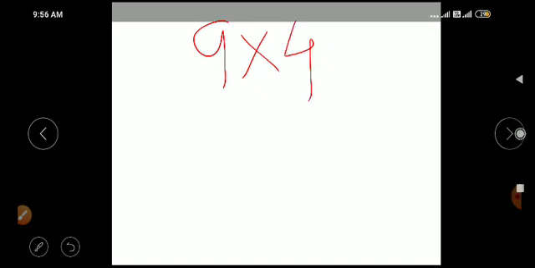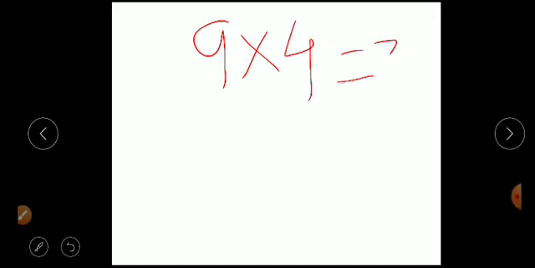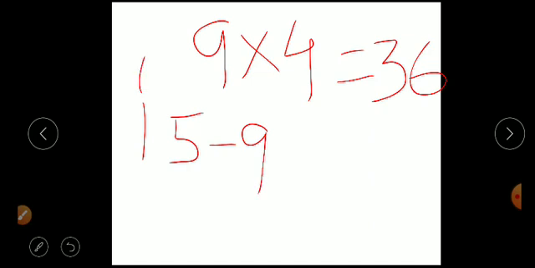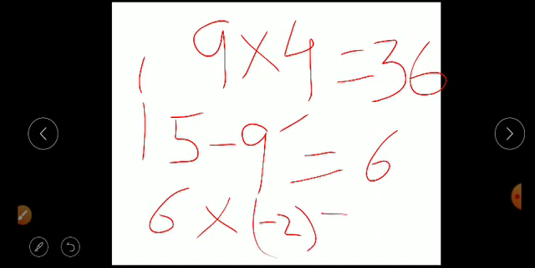Now Gurpreet attempts all questions, 9 of her answers are correct and for every correct answer 4 marks are given, so the total marks is 36. Now 15 minus 9: total 15 questions, 9 answers are correct, so the incorrect answers will be 6. For the incorrect ones there will be 6 into minus 2. What will be 6 into minus 2? Minus 12.